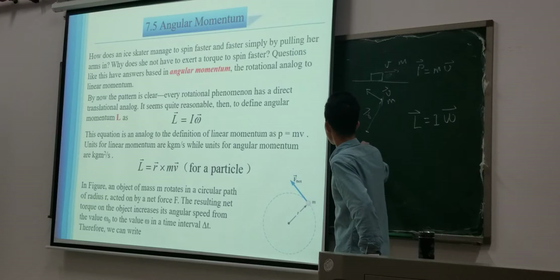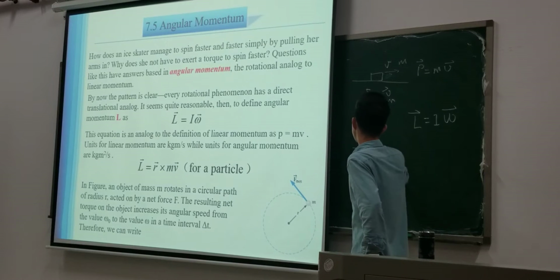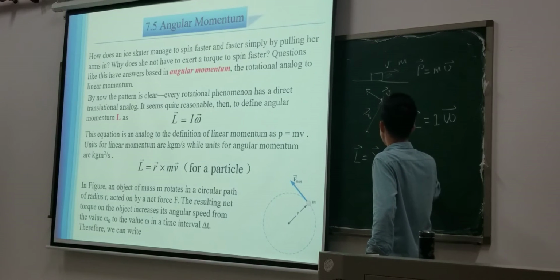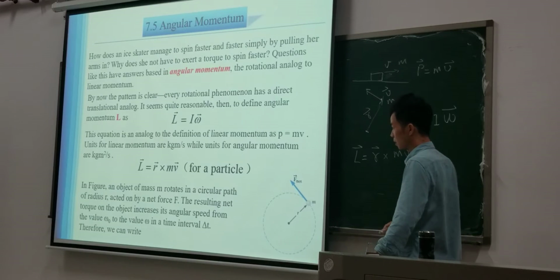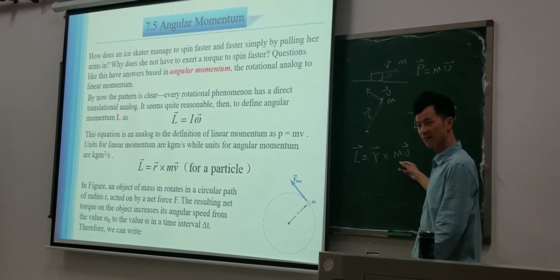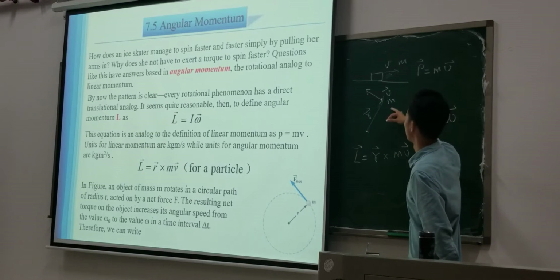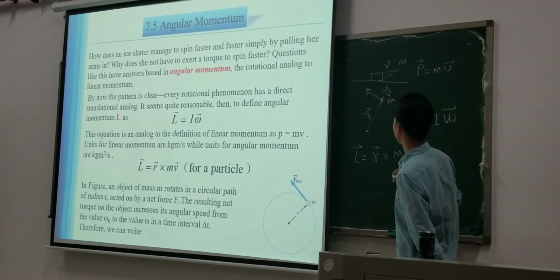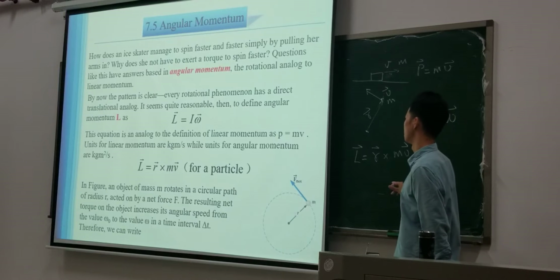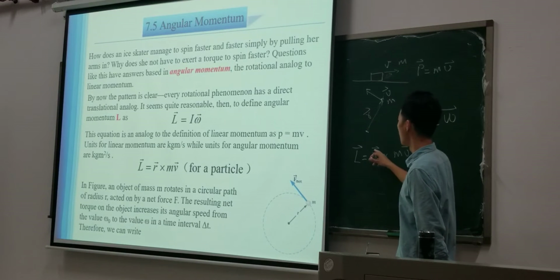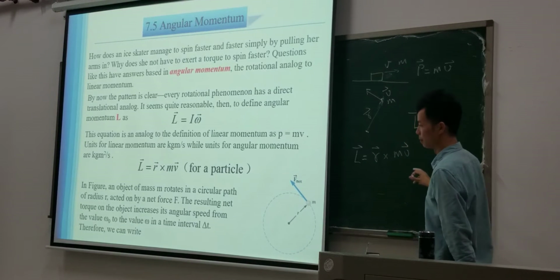L is defined as r cross mv, where mv is the linear momentum. So for a particle, the angular momentum is defined as r cross the linear momentum.